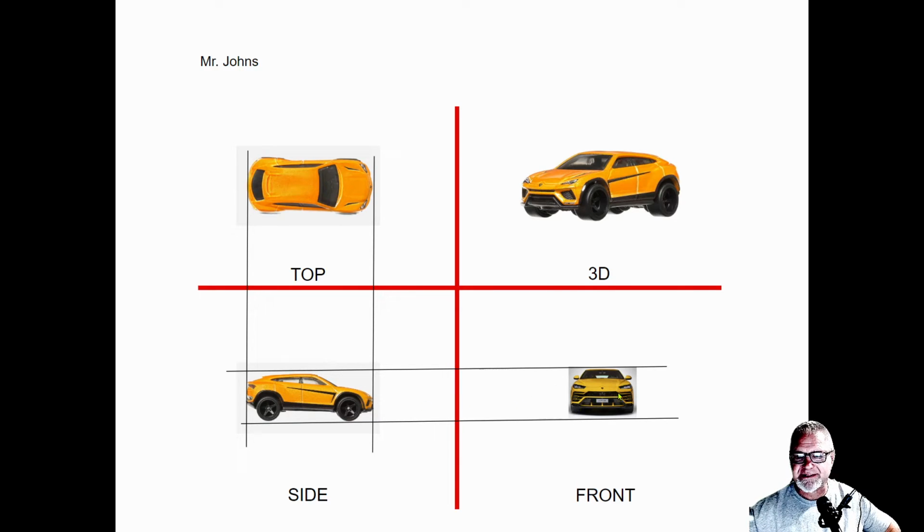Now over on the right side here, again, I want you to draw these guidelines, bottom of the tires, top of the roof. This one's a little trickier for sure because you can't really lay the car down on its back bumper. Chances are it's not going to stay that way. And this is kind of up to you how you do this. Because really, if you think about it, if you lay it on its back bumper and trace it, you're kind of tracing the back of the car.